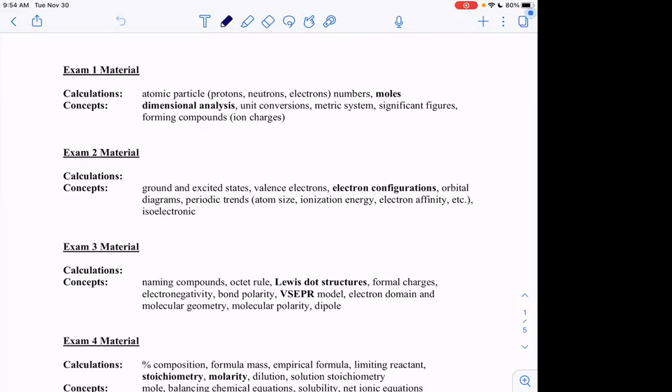What comes out of exam two material that's critical is the way electrons behave and how they fill in atoms. So electron configurations, knowing what it means for an electron to be in an excited state, orbital diagrams with the arrows and knowing the spins and how they match, right? Spin in opposite directions within an orbital, how they fill.